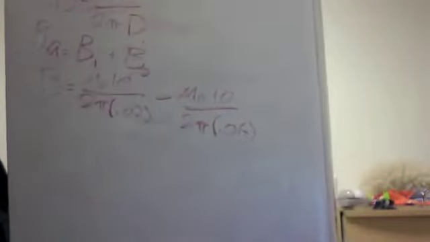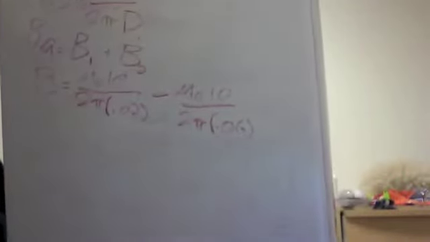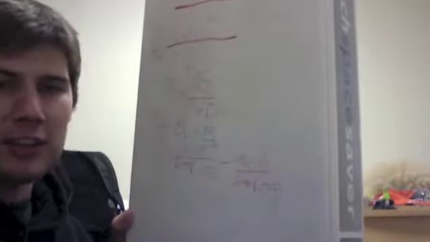So that is going to be our equation for the magnetic field at A, and if you evaluate that, you get that the magnetic field at A is equal to 6.7 times 10 to the negative 5th Teslas, and that's going to be coming out of the page.